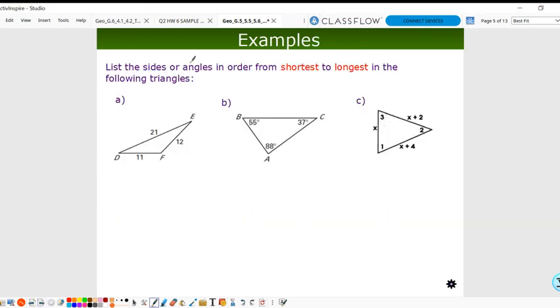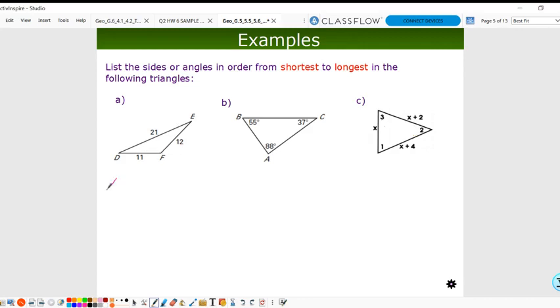List the sides or angles in order from shortest to longest in the following triangles. So because I'm giving you the side lengths, I'm asking you to give me the angles that go along with that. So again, 11 is the shortest side.